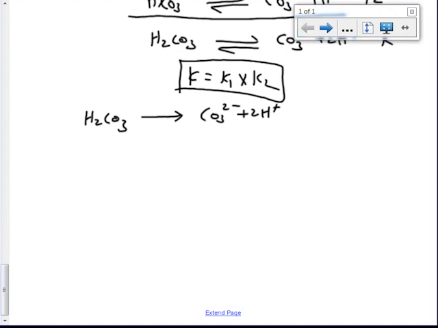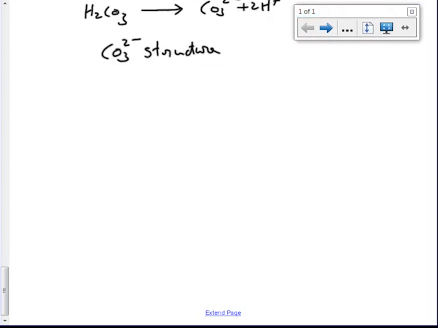The carbonate ion, CO3 2 minus, has resonating structures, which you can see in the chemical bonding chapter.